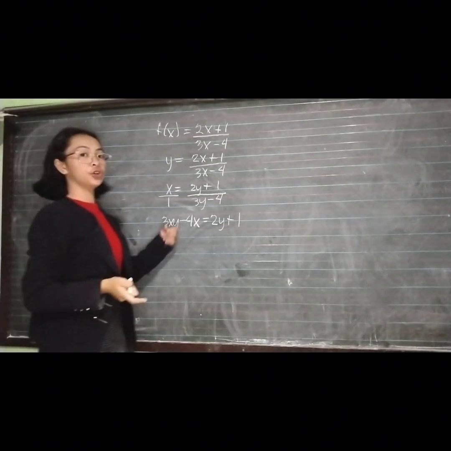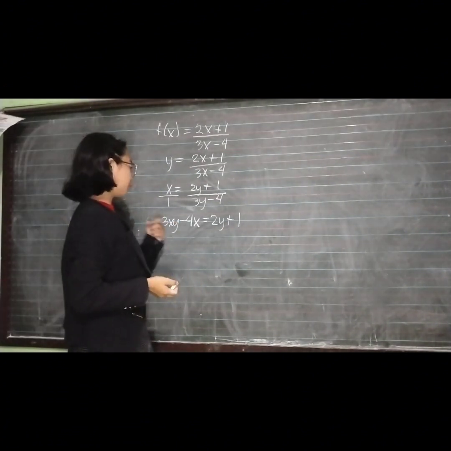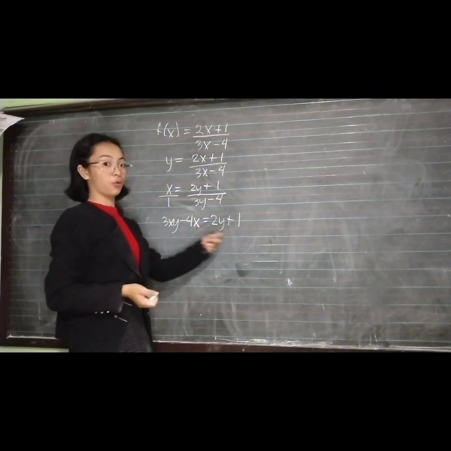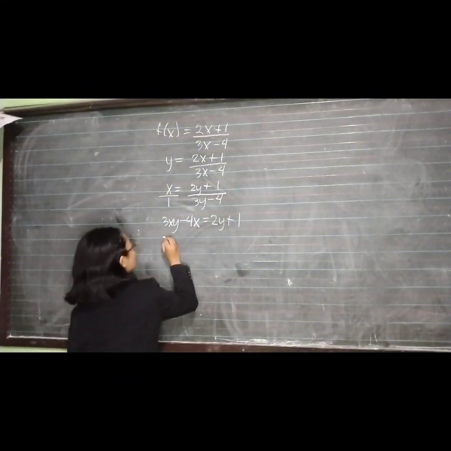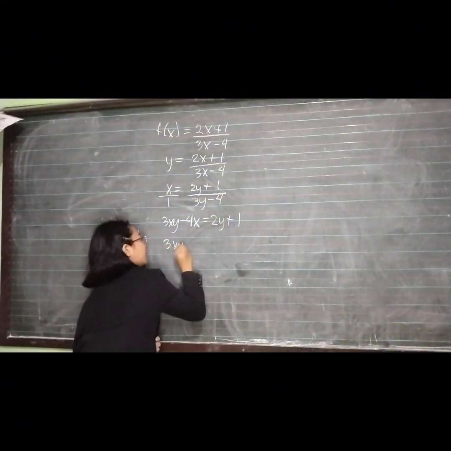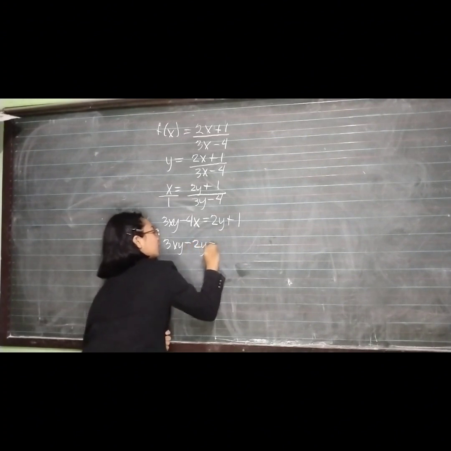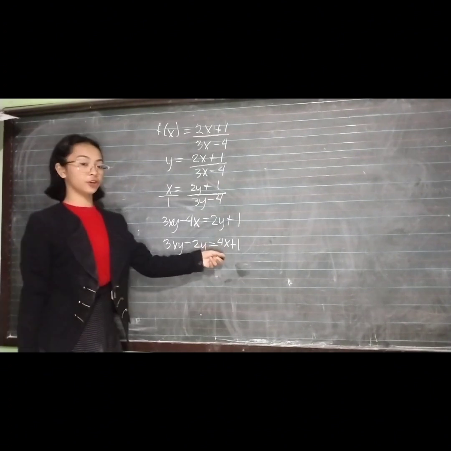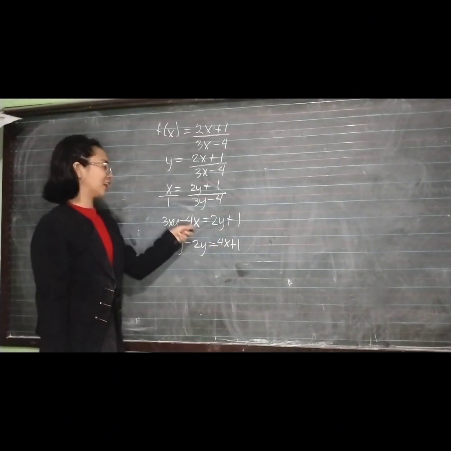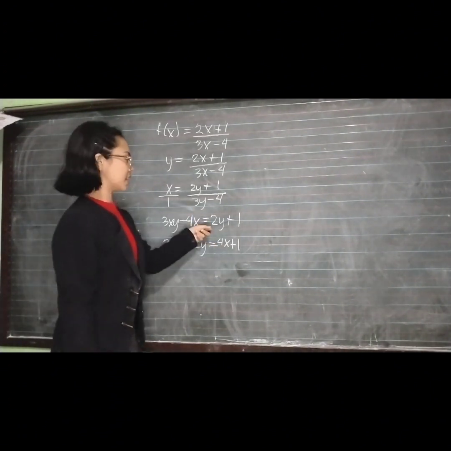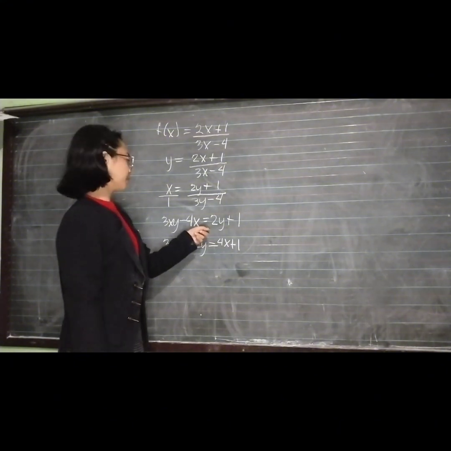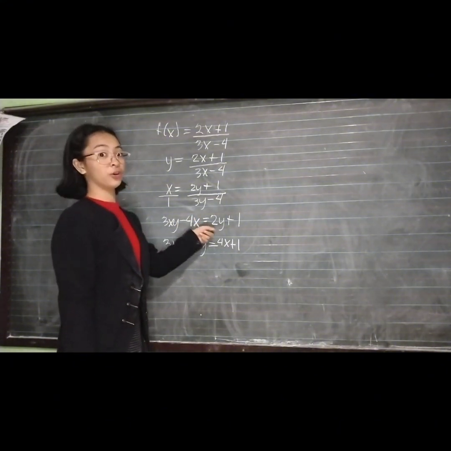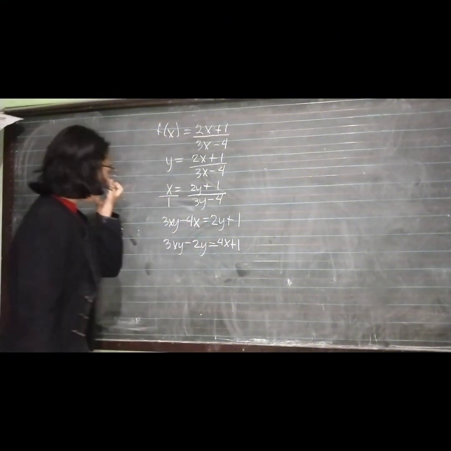And then you group the y terms. So it becomes 3xy minus 2y equals 4x plus 1. It becomes 4x because you moved it across the equal sign. As I said earlier, the sign changes when you move it across the equal sign.